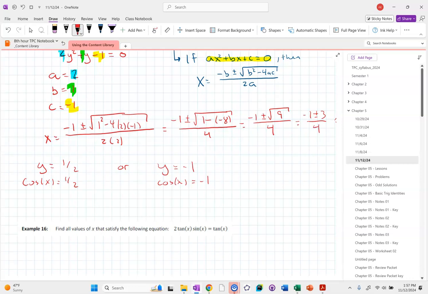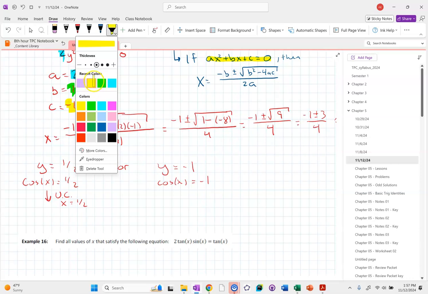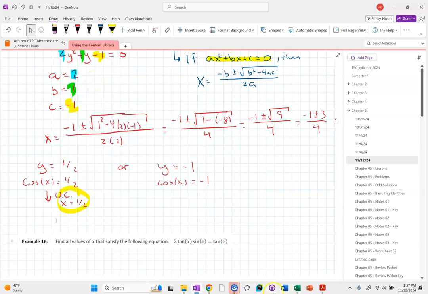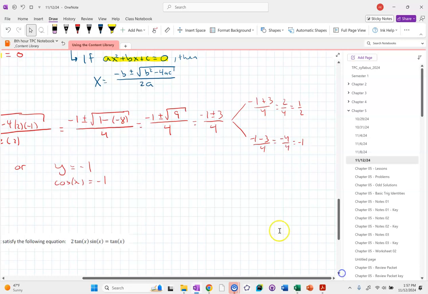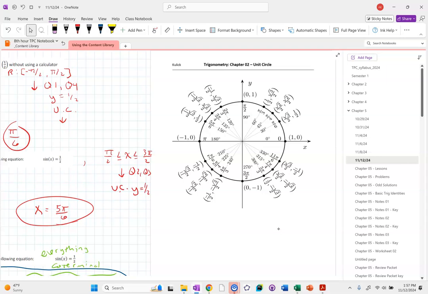Now we can go to the unit circle. So we're looking for where x is 1/2. So let's go check that out on the old unit circle there. Let's see. So I got here pi over 3 and 5 pi over 3.